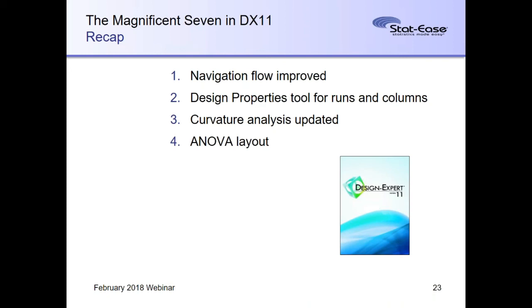The layouts of both the ANOVA and diagnostics have been improved so that we can see multiple views all at once and really use all that real estate. If you are using multiple screens, multiple monitors, you can literally put one view over on one monitor and another on a second monitor.